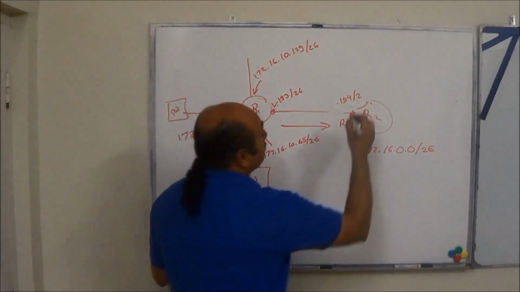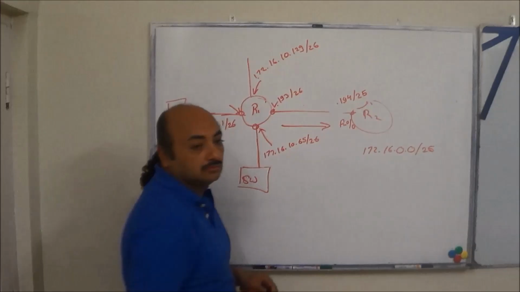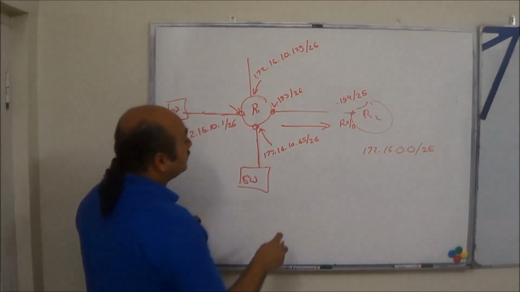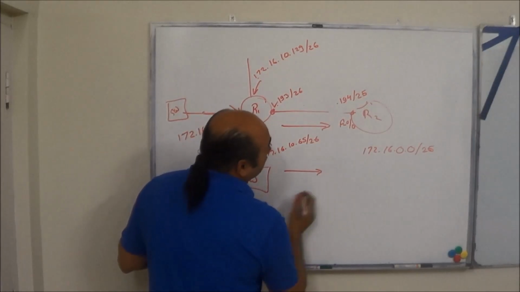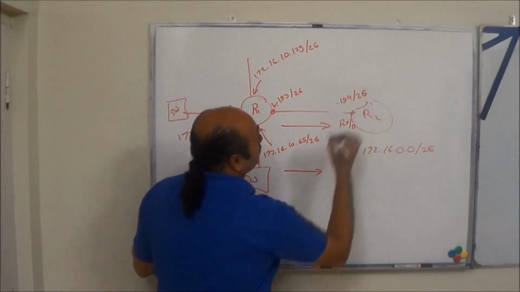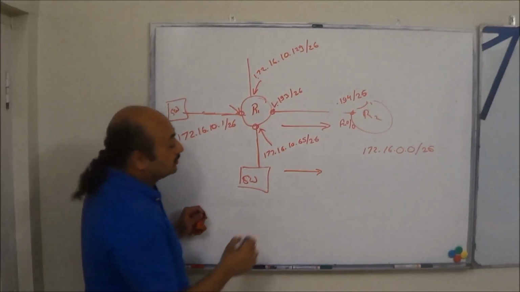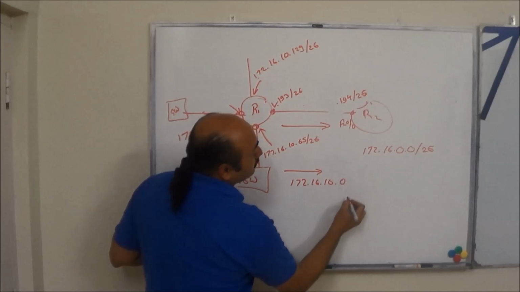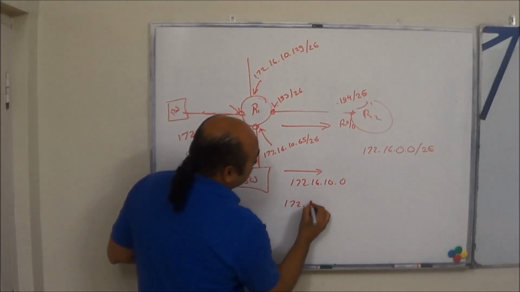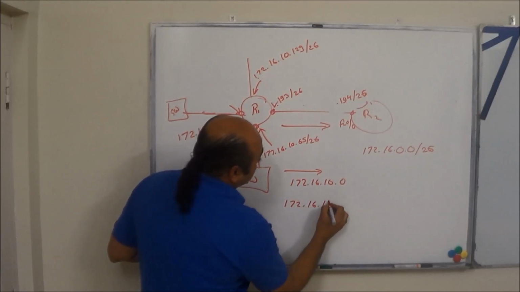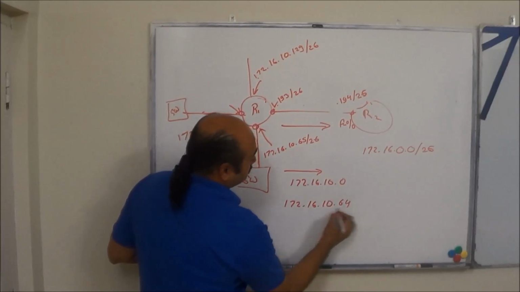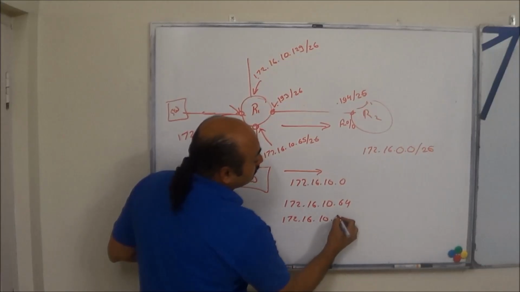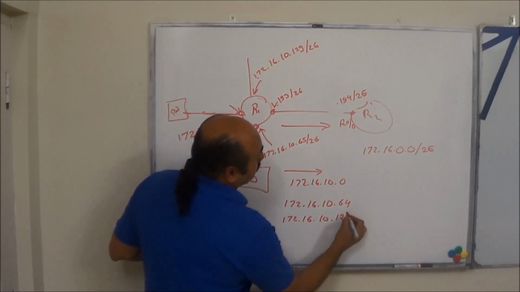First let me go back to this one. So /26. What were we receiving here? 172.16.10.0, 10.64, 128. That is what we were receiving.